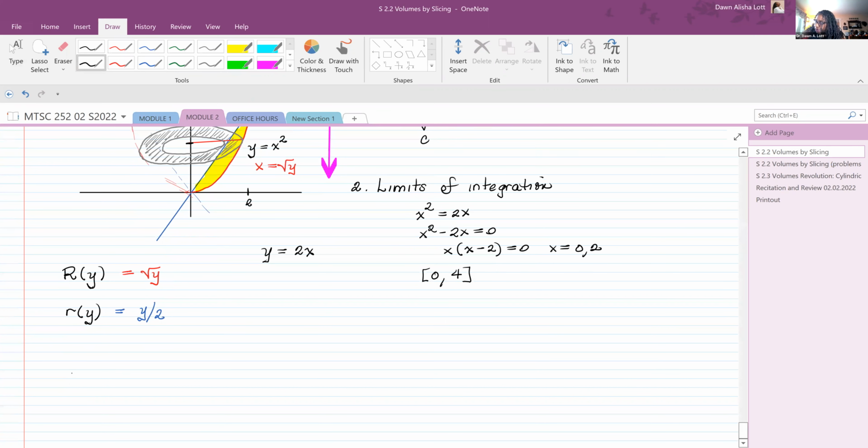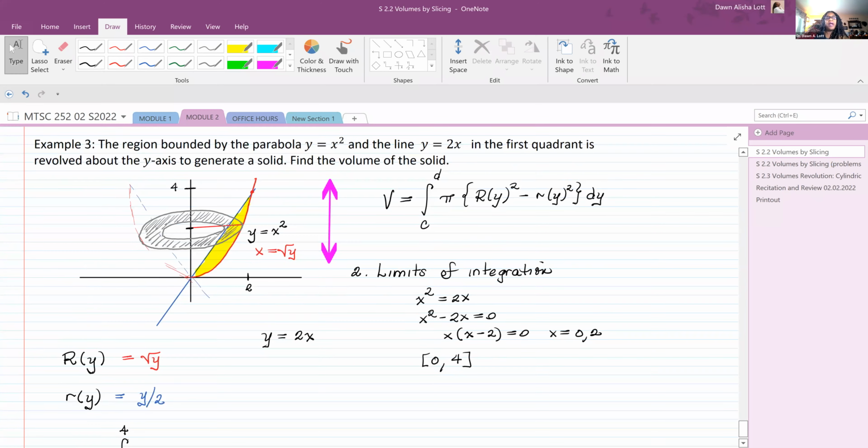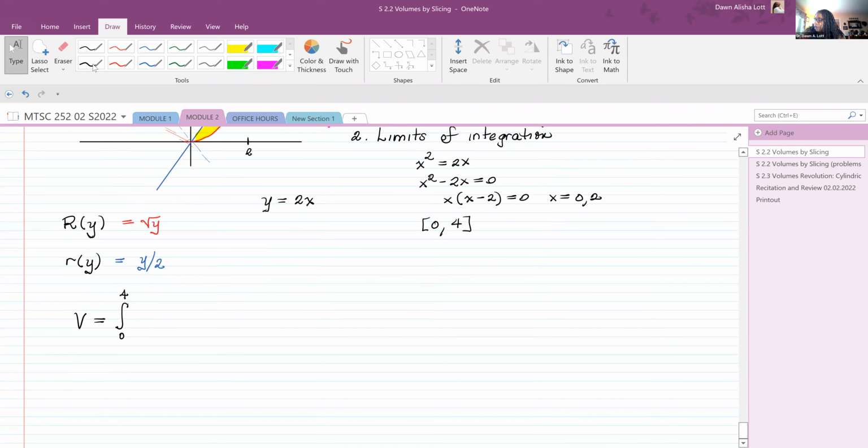All right. So now we have the volume, the integral from 0 to 4. Remember, even though we found out x equaled 2, we needed the y value. We needed this height to see where the washer went. Then we have pi, big radius, square root of y squared minus little radius y over 2 squared dy.